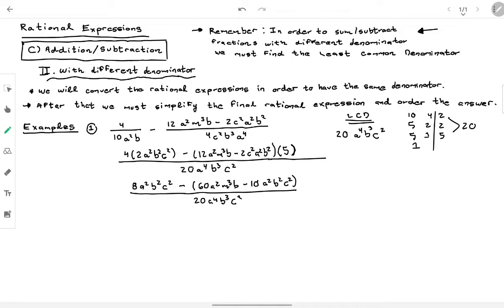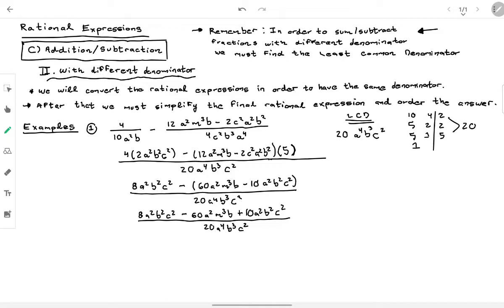After that, we can take out the parentheses. Remember, a minus sign before a parenthesis means both terms will change sign. So it's going to be minus 60 A squared M cubed B plus 10 A squared B squared C squared, all of it divided by 20 A to the 4 B cubed C squared.